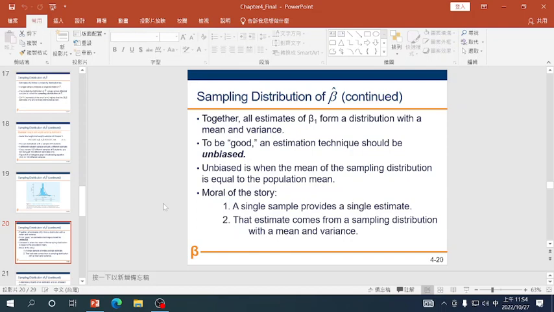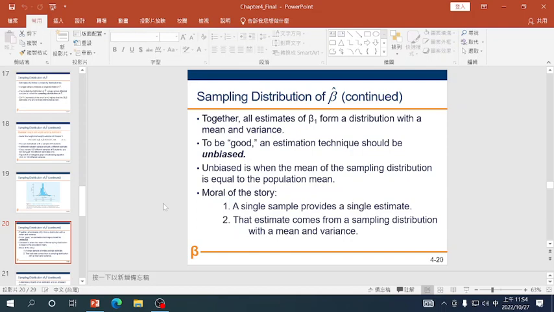What do we mean by this one? This means that all the different beta hats from different samples, and the expected value, which means the average of them, if it is the same as the beta, then we can use the probability distribution to describe the relationship between X and Y. All right?